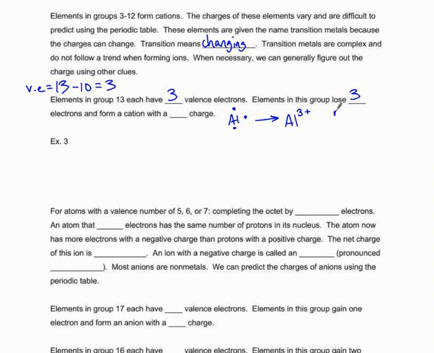And again, looking at it in terms of net charge, it has 13 protons. That's always the same. But then it lost 3 electrons. Net charge is 13 minus 10, and that is positive 3. So they tend to lose all 3 of these valence electrons and form ions with a plus 3 charge.